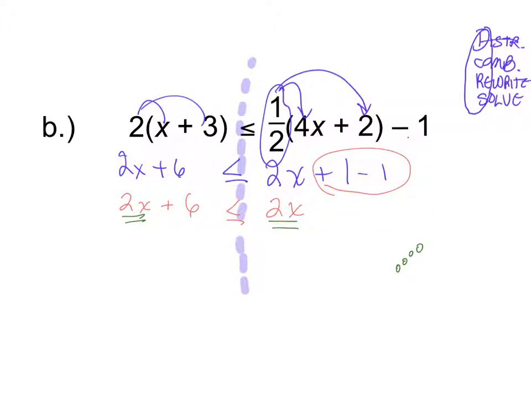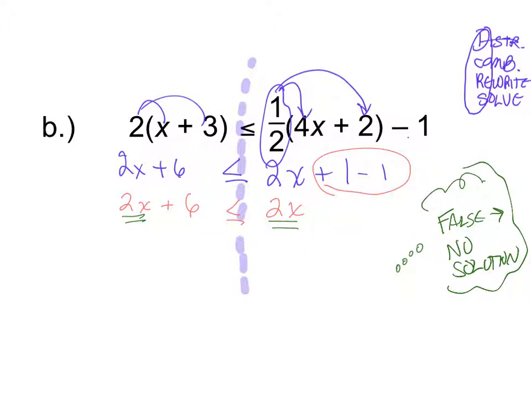If you're adding 6 to 2x, there's no possible way that that's going to give you a less statement than if you just had 2x. So because that's not possible, that would be considered a false statement, which is no solution.